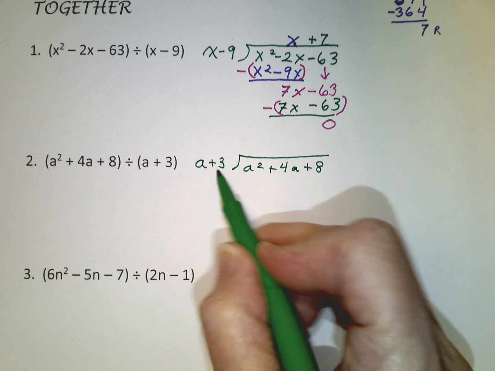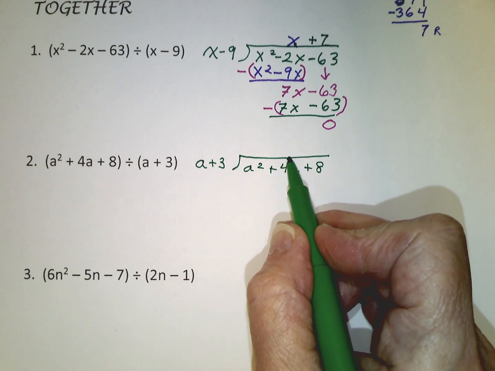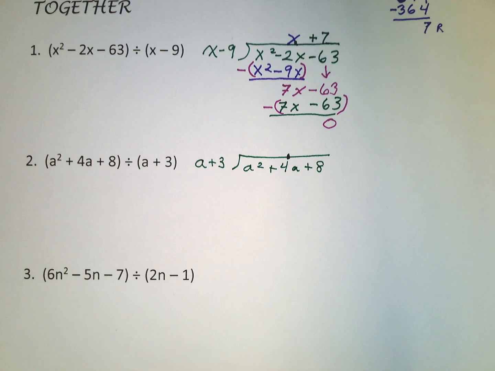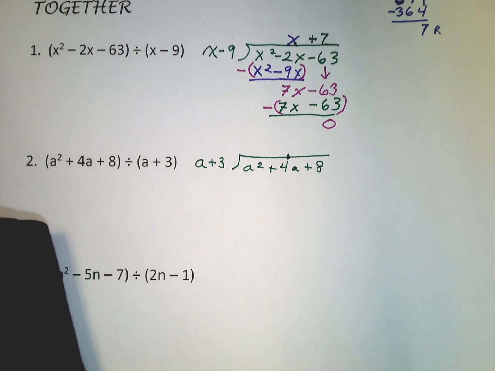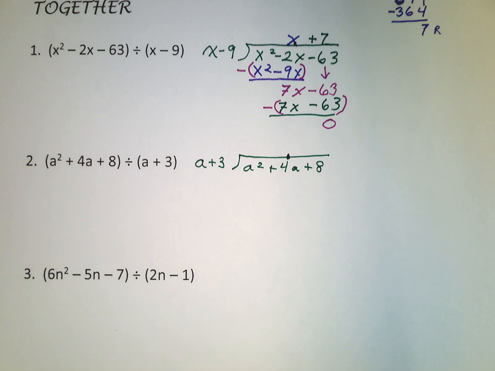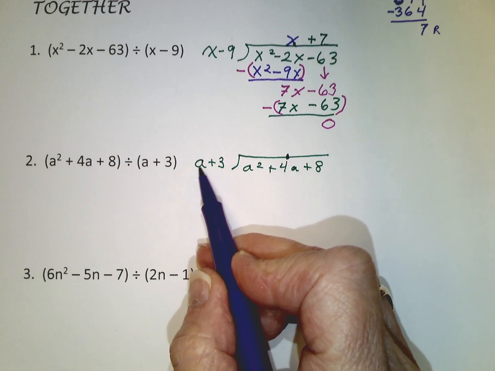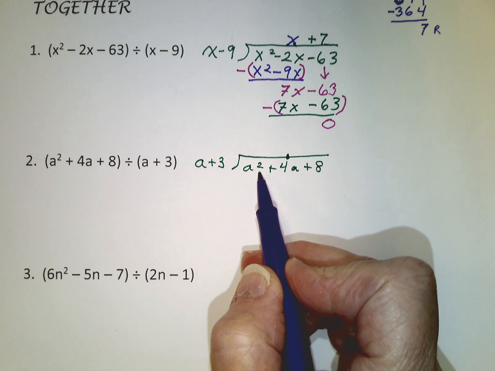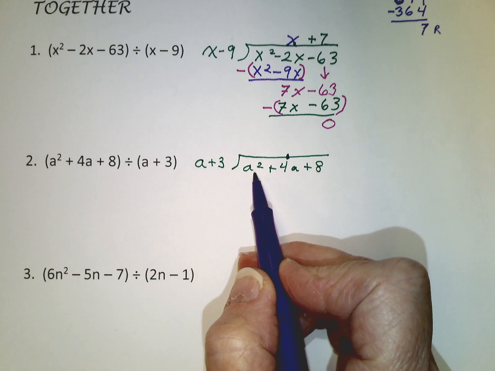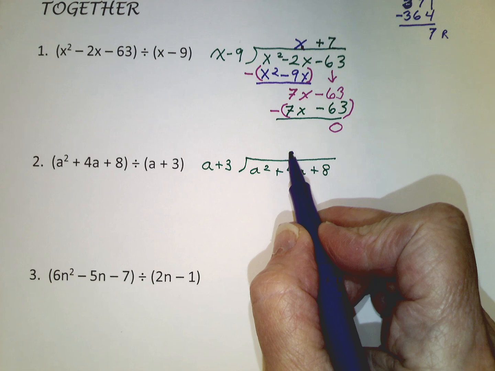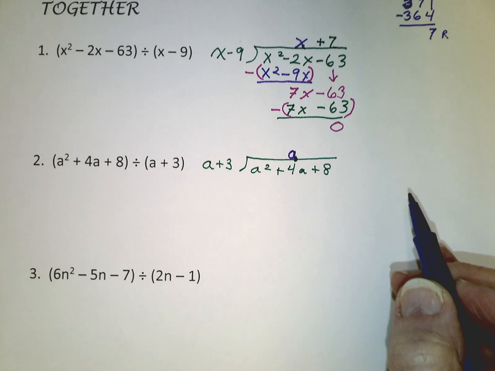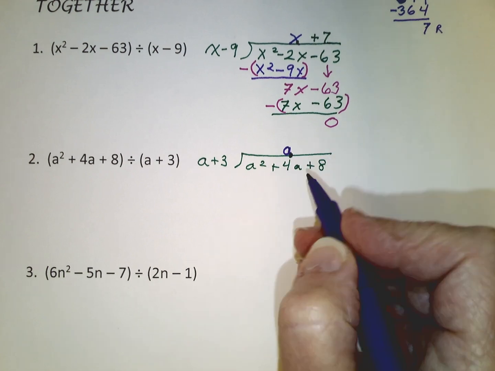So our first answer is going to go over the 4a. To get a guess of what to write up there, what do we multiply times a to produce a squared? Well, that would have to be a. So I'll put that right up there.